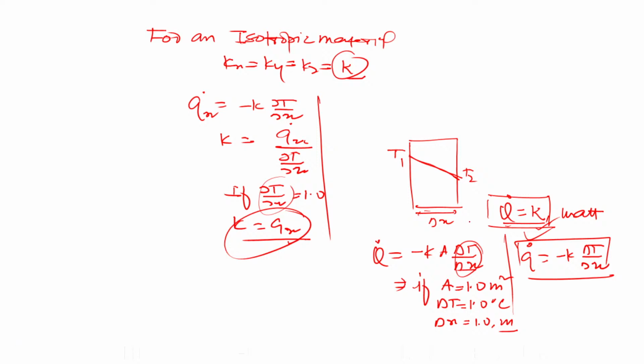That's why I told you, Q is equal to K. Means more K, more the rate of heat transfer through the material of unit thickness, unit temperature difference, through unit area. So K is equal to Q directly. Under which condition? When area is unity, temperature difference is unity, and thickness is unity. So it's a direct measure of rate of heat transfer.